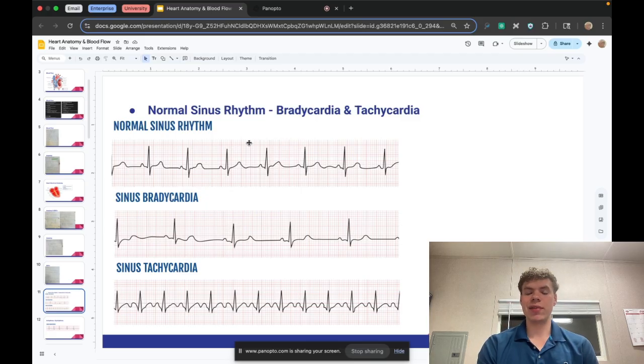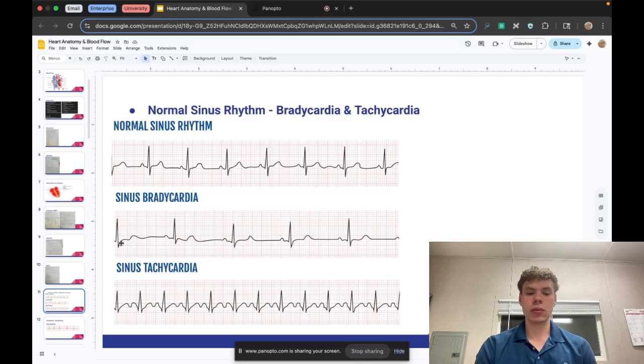So, as you can see, 75 beats per minute, that's between 60 to 100. So that will be a normal rate. With this, you look at it, you can say, okay, P waves upright, QRS upright, followed by T wave, R to R is equal, 75 beats per minute. Okay, it's normal sinus rhythm.